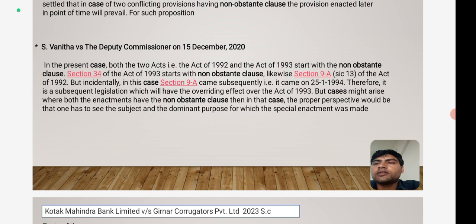There is subsequent legislation which will have an overriding effect over the Act of 1993, but cases might arise where both enactments have a non-obstante clause. In this case, the proper perspective would be to see the subject and the dominant purpose for which the special enactment was made.